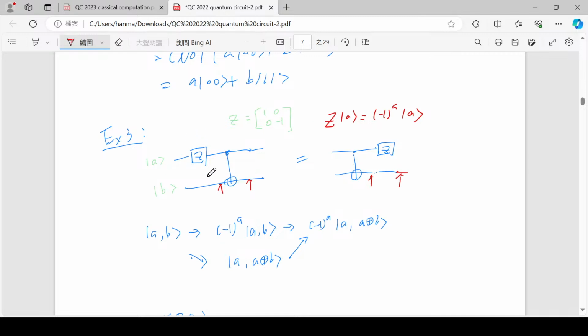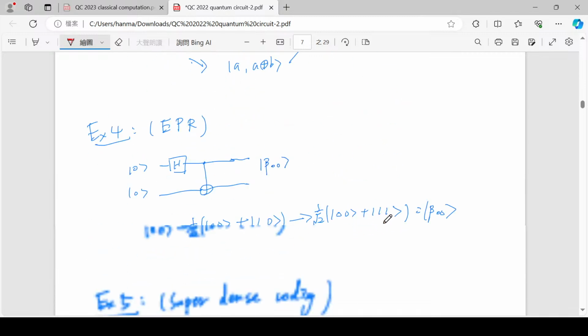And so we see the ab, then you apply Z on the first qubit, so you get a minus 1 to the a on the first qubit. And then you do the CNOT, so it's a, a plus b. And on the other hand, if you apply CNOT first, you get a and a plus b. Then you apply Z on the first qubit, you still get minus 1 to the a and a plus b.